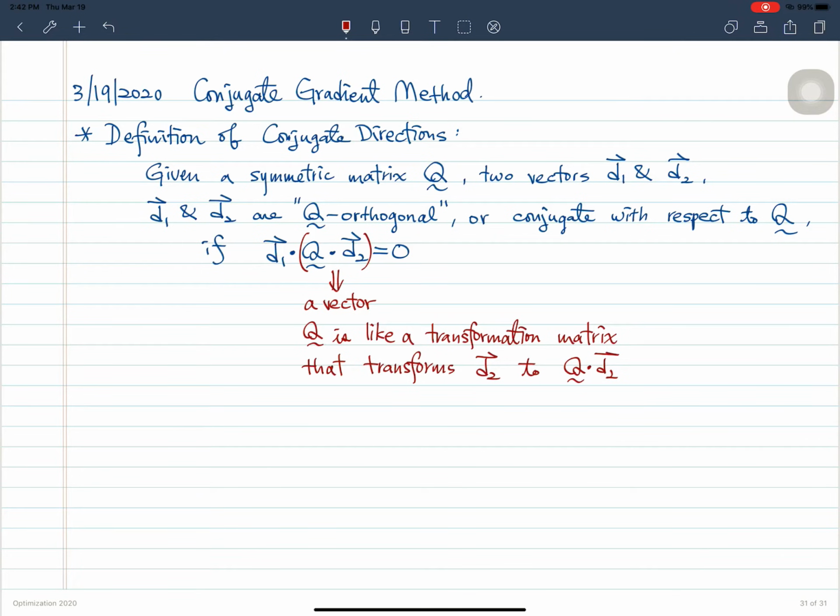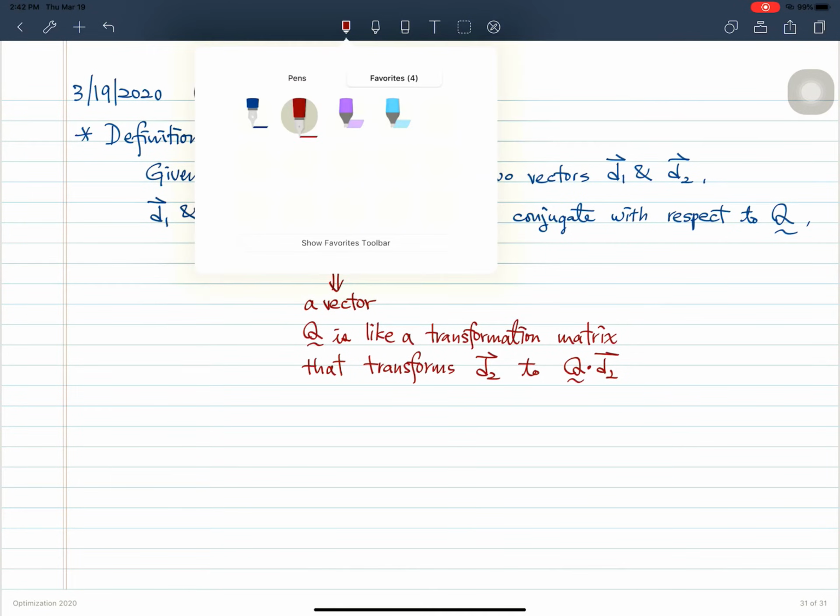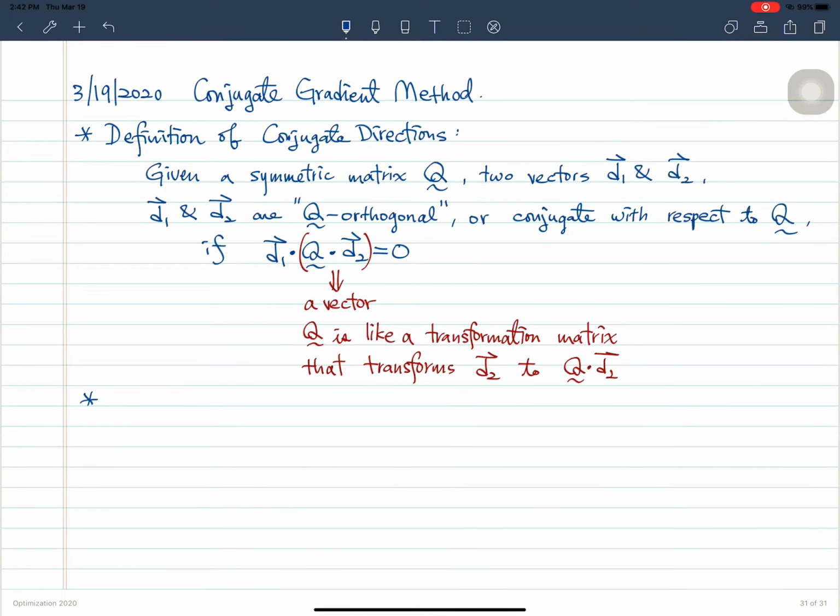So there's something that needs to be aware of. The D vectors have to be non-zero vectors. If your D vectors are zero vectors, it's a trivial solution. It doesn't move, because D later on is going to be the moving direction.